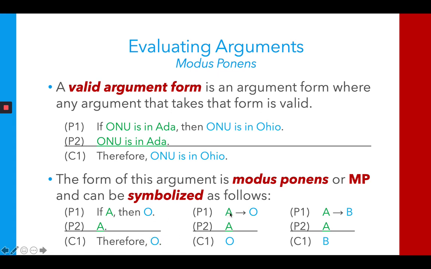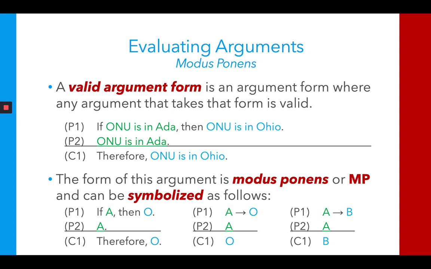One way we might simplify things a bit is, rather than writing if A then O, we could just write A arrow O. That indicates that the if-then claim is stating a certain kind of relationship between A and O. It's saying that whenever A is true, O is true.